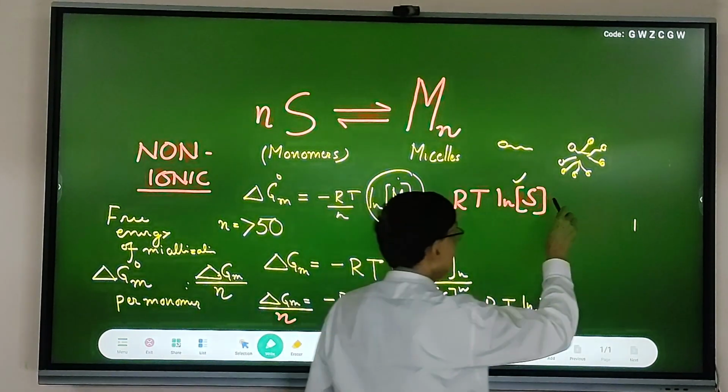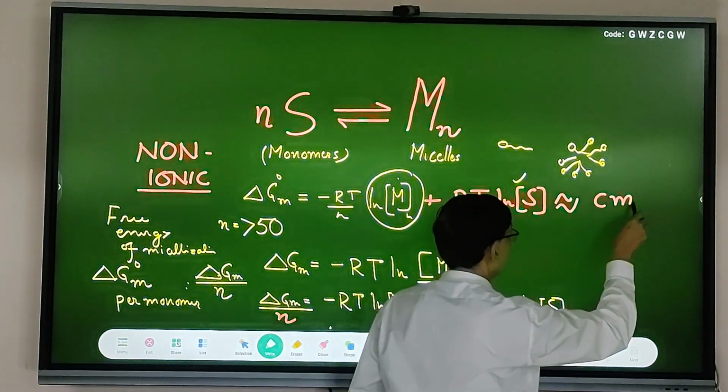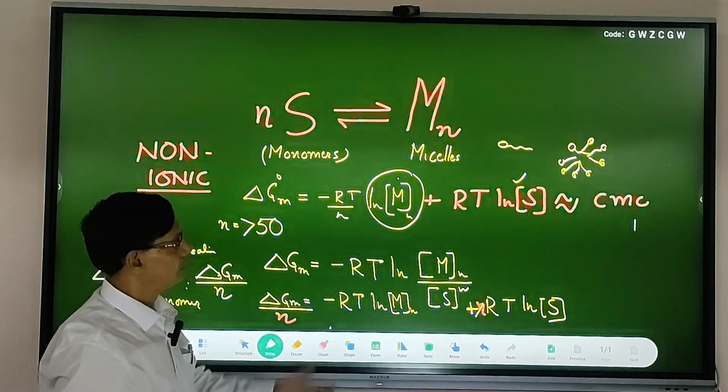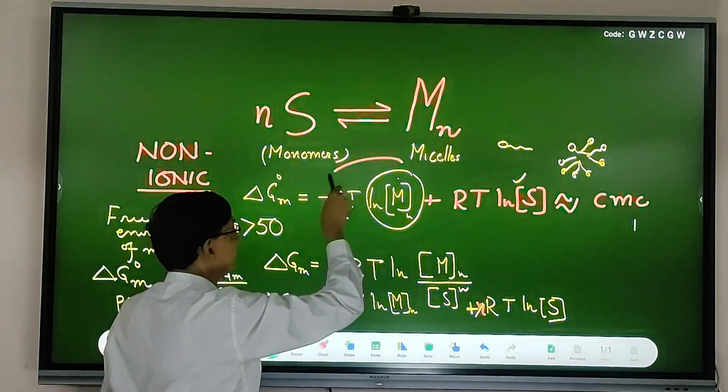So that can be considered as a CMC. And in comparison to the value of dissociation constant, this is very low, it can be neglected.